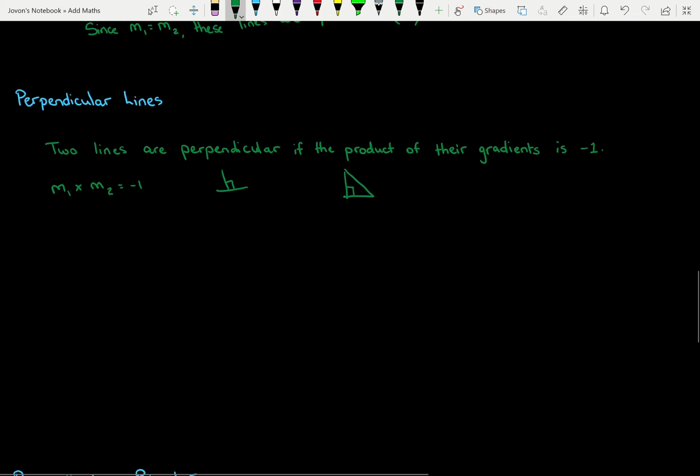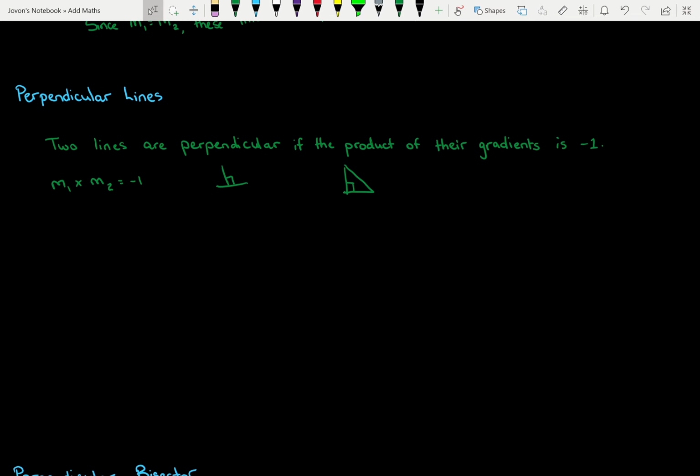So let's say now we have a line which has a gradient of 4/5, and we want to find the gradient of a line which is perpendicular to that. All we have to do is m1, which is 4/5, multiplied by m2 is equal to -1.